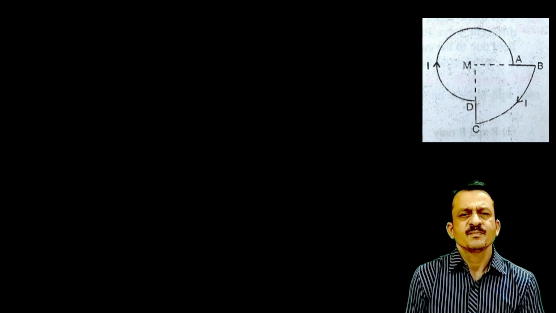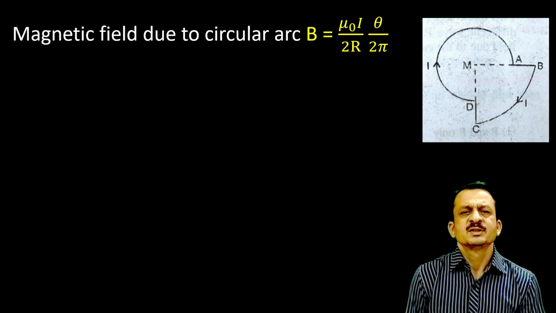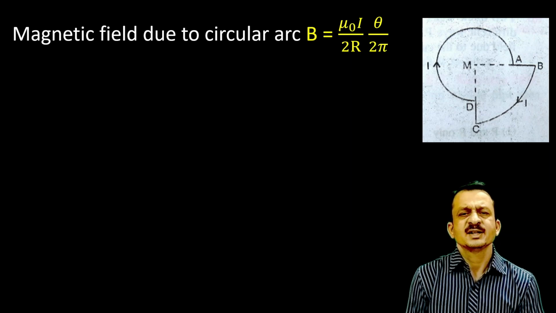For the first arc, the larger arc, the magnetic field due to a circular arc is given by B equal to mu naught I divided by 2r into theta by 2 pi, where theta is the angle subtended by that arc. Now the larger one subtends an angle of 270 degrees, that is 3 pi by 2.